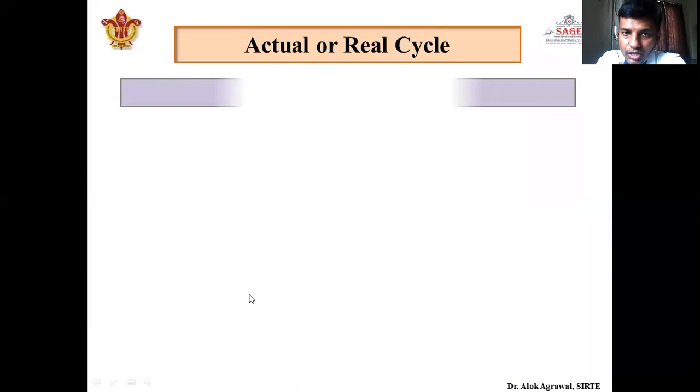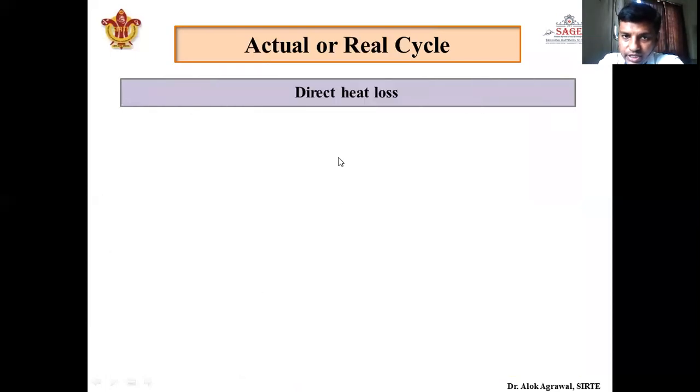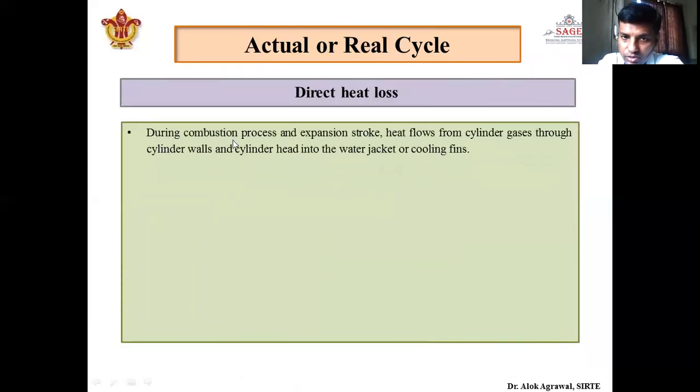Now coming on to the second factor, that is the direct heat loss factor. In the valve timing diagram also we have seen that during the combustion process and expansion stroke, heat flows from the cylinder gases through the cylinder wall.